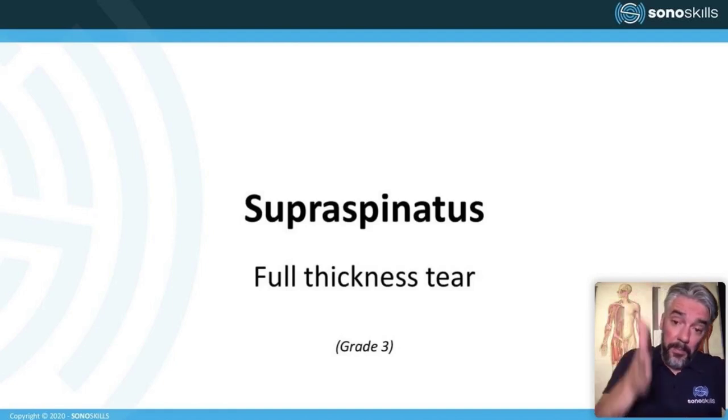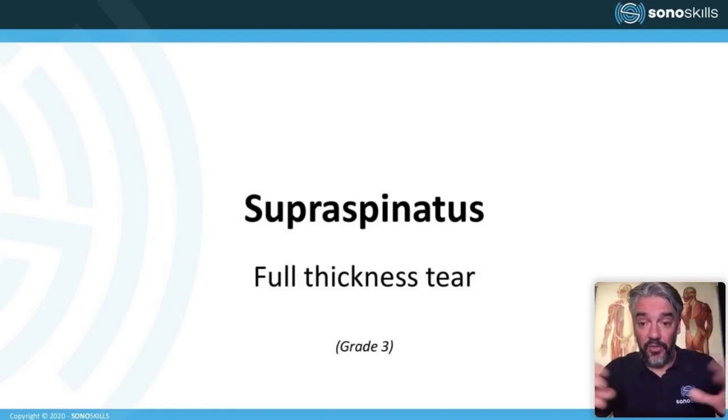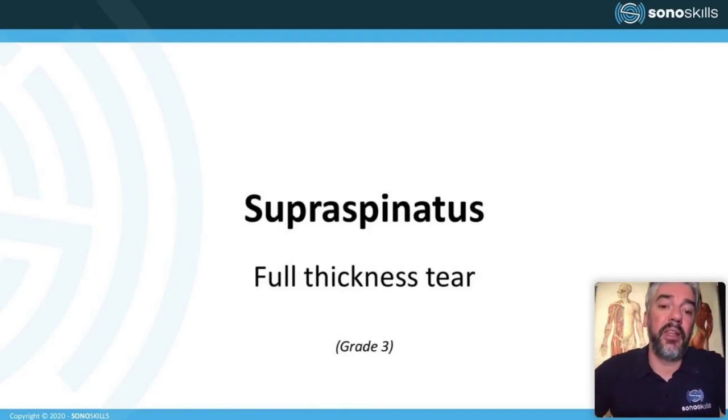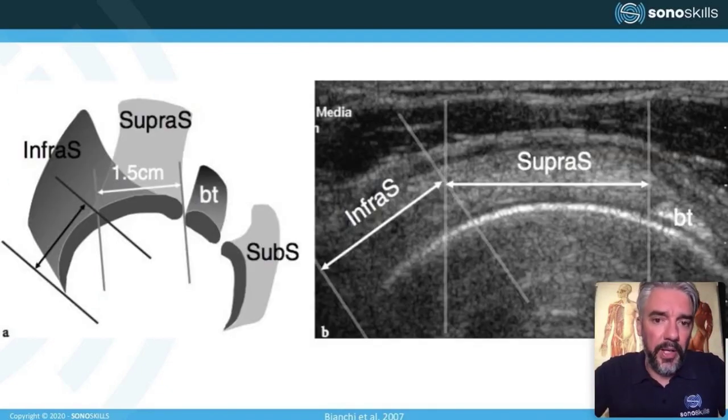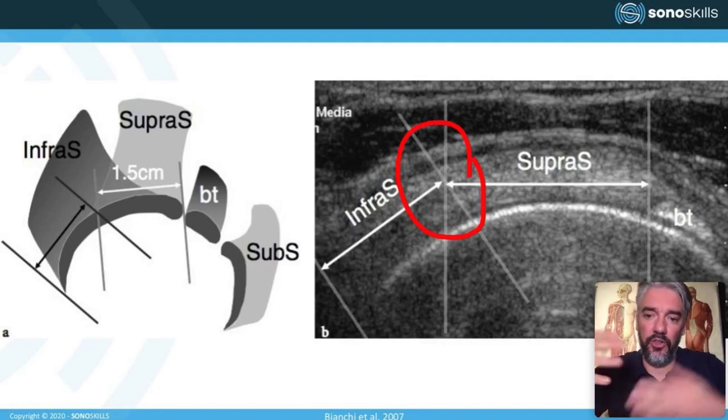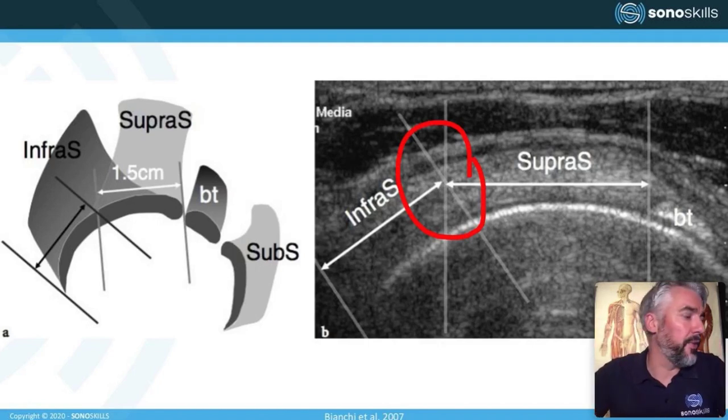If it's in both planes, it's detached, ruptured, torn, and in that case, we call it a complete tear. So full thickness, partial width, and most full thickness tears occur in the zone of the transition between supraspinatus and infraspinatus.